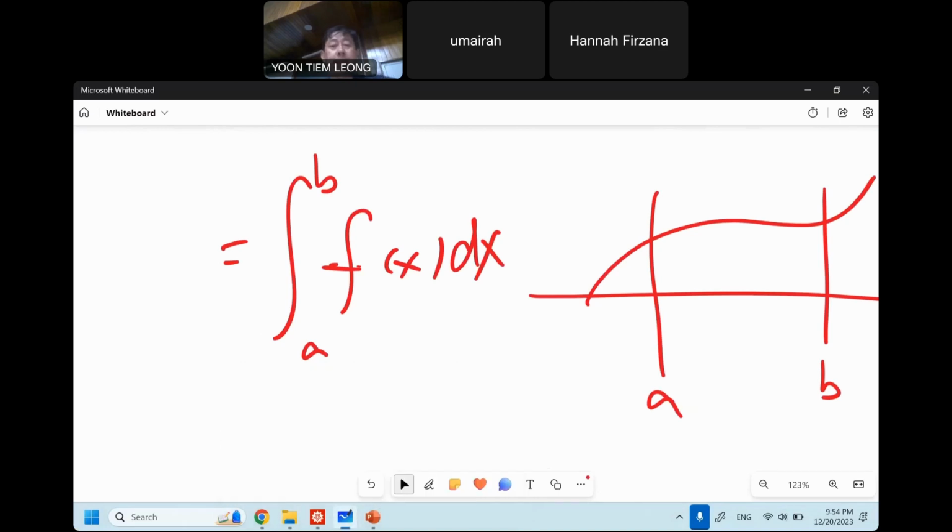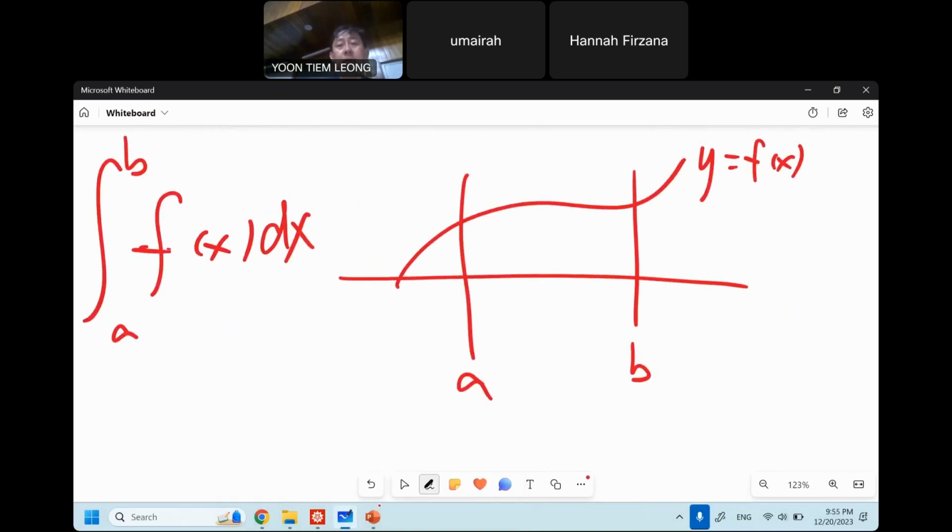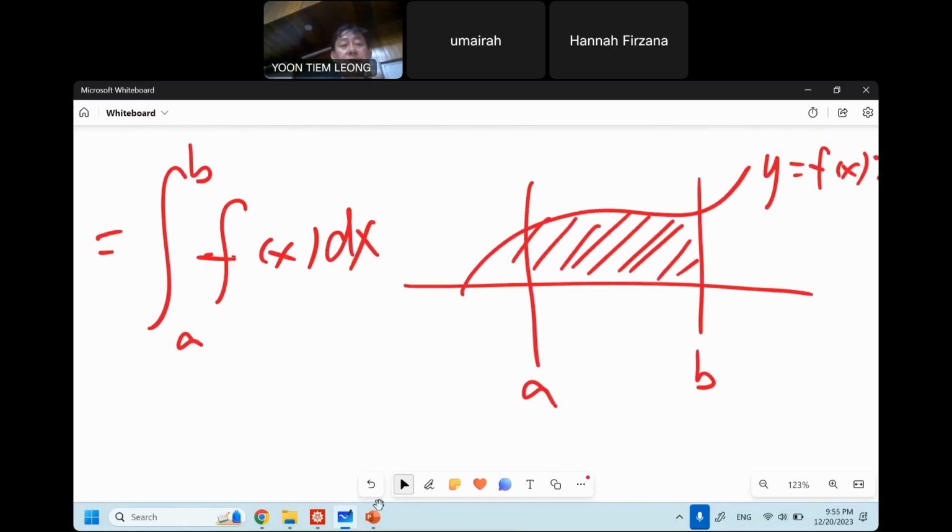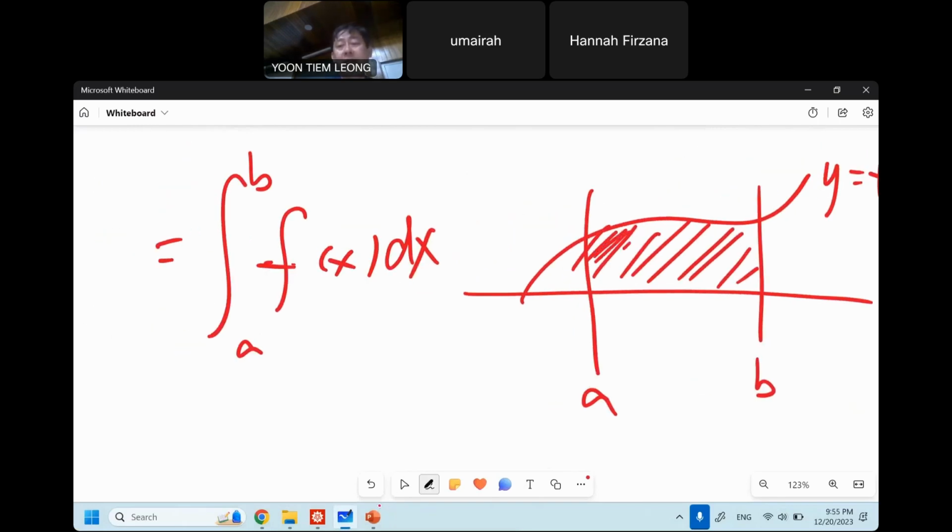Imagine that f(x) is always greater than or equal to 0, and between a and b the integral then defines an area A, the area under the curve.